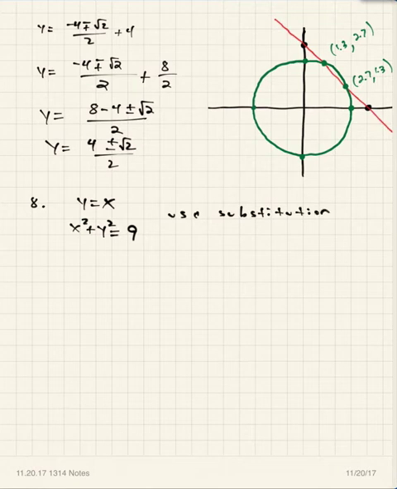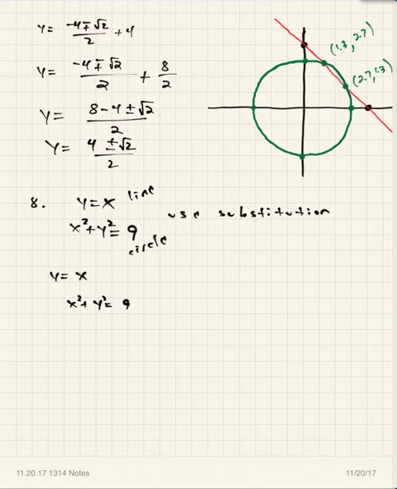The first graph is a line, and the second graph is a circle. In fact, it's the same circle we had in the last problem. And notice the first equation in this case is already solved for y, so that's nice. You have y equals x, and so I can substitute into the other equation right now.